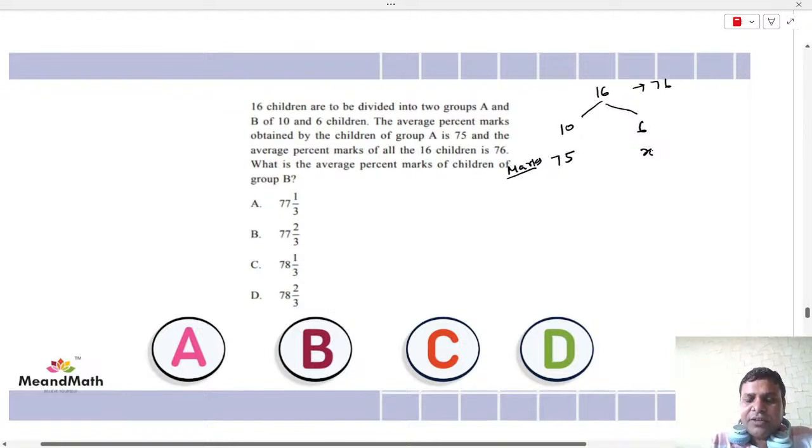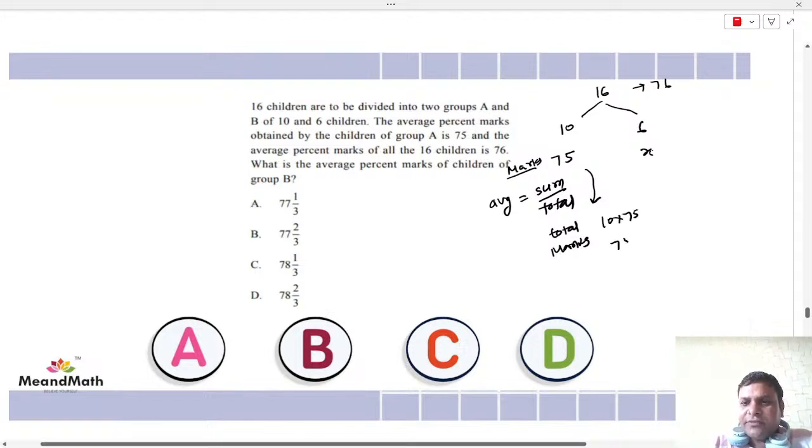Now we know the formula: average is equal to sum upon total. Using this, total marks of group A is 10 into 75, 750.